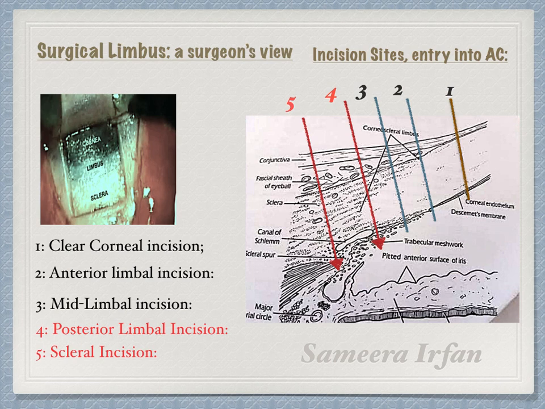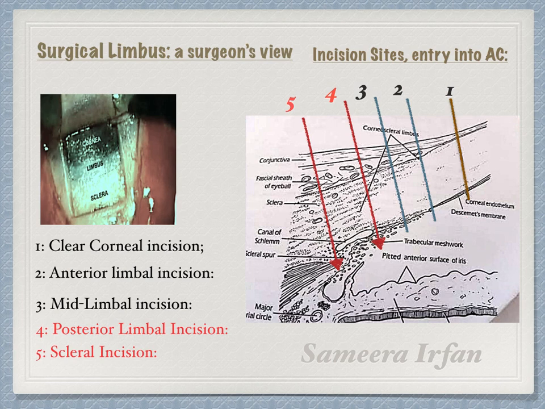And number 5 is a scleral incision, which is located posterior to the posterior limbal border. It cuts the sclera behind the scleral spur and enters the supraciliary space overlying the iris root. Therefore, it will damage the iris root and will result in extensive bleeding and hyphema.